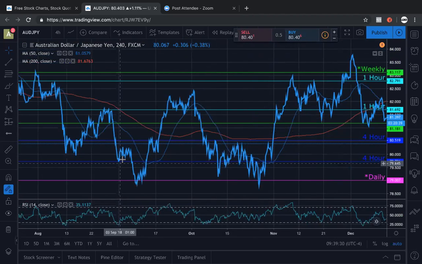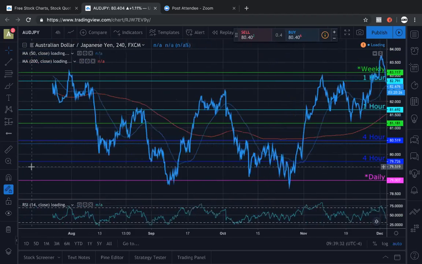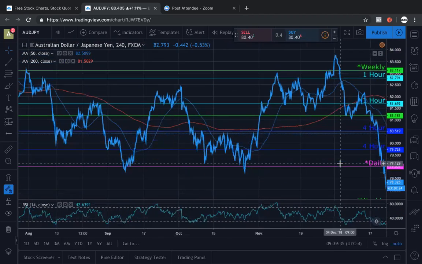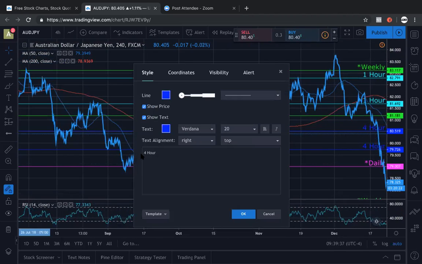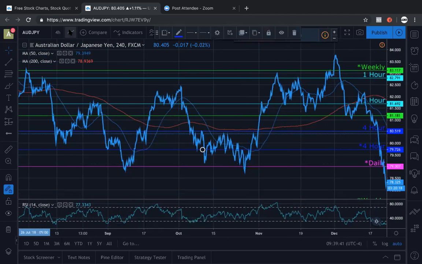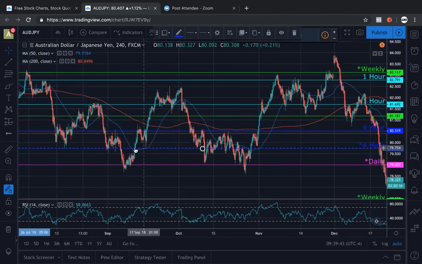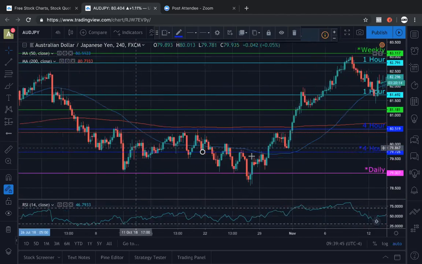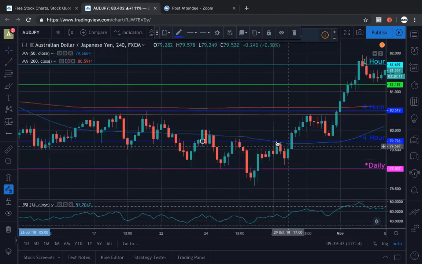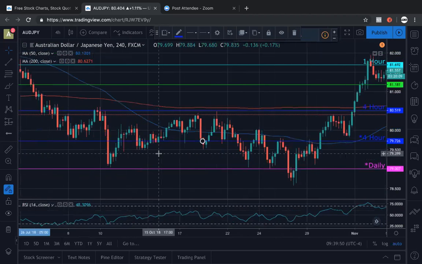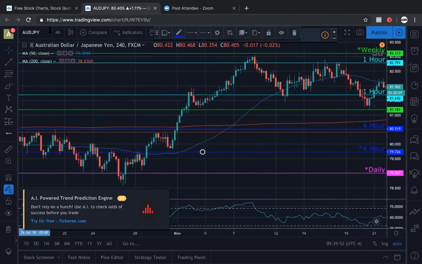It's acting as support. Comes below, it acts as resistance. So we know that these levels are key levels. This is a key level, so let me go ahead and add an asterisk. And then we just look at the candles, see what the candles are doing. Is there a lot of wicks? Are we seeing wicks at these levels? Boom, we're seeing wicks. We're seeing all these wicks once it gets to these key levels. So then you just go down.